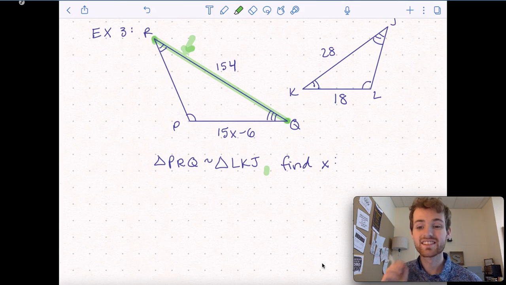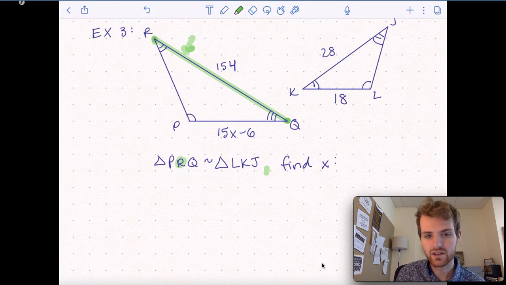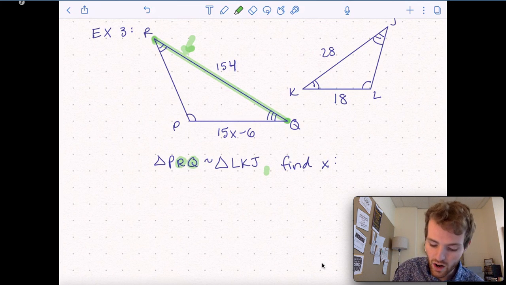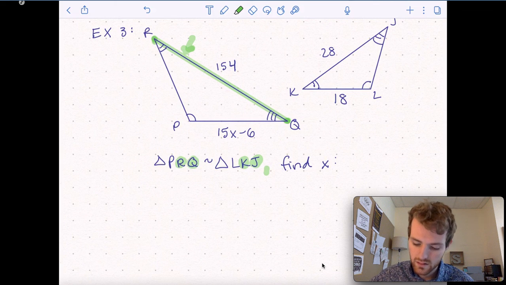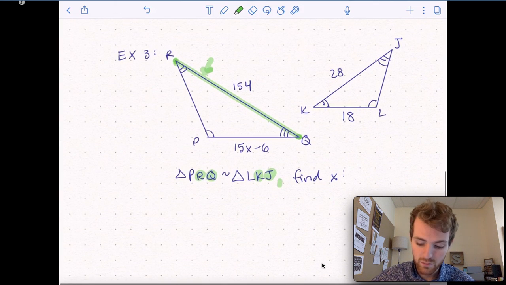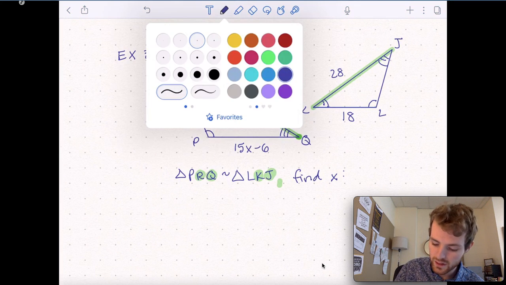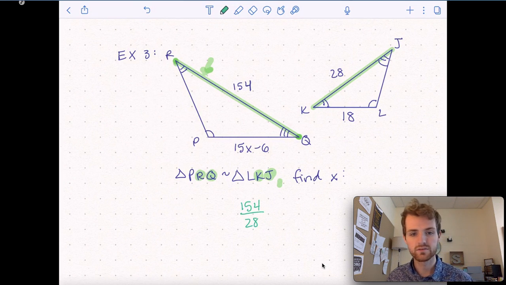Let's look at our similarity. R is the second letter listed and Q is the third letter listed. That means that RQ has to pair with K and J. It goes by the same order. So we know that 154 and 28 will go together.